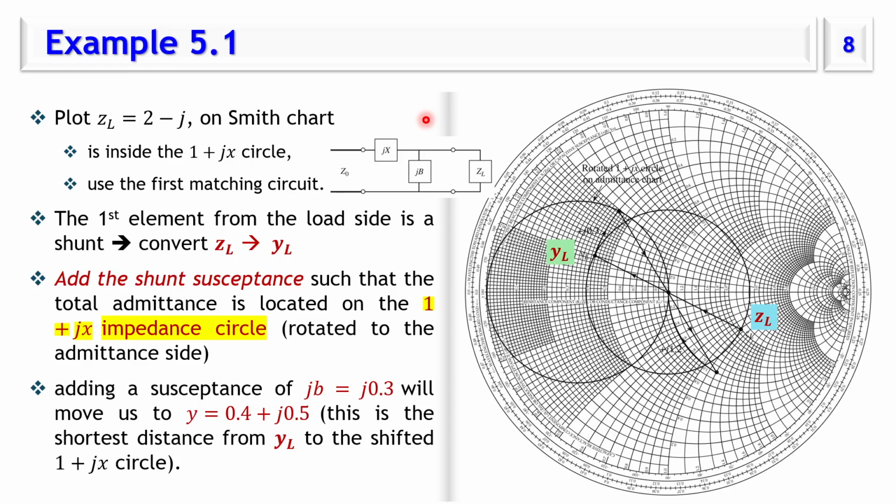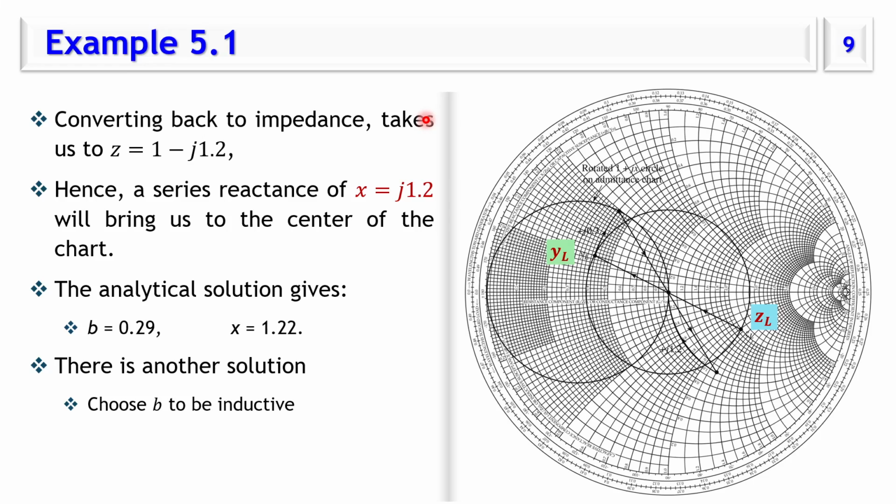Because the matching network is required to be lossless, so it doesn't absorb or consume energy from the power on the microwave network. So now we have this solution for X, the series element, and B, the shunt element.